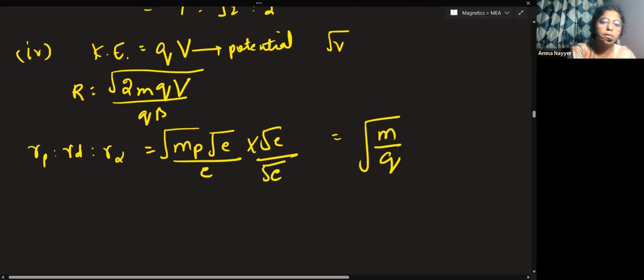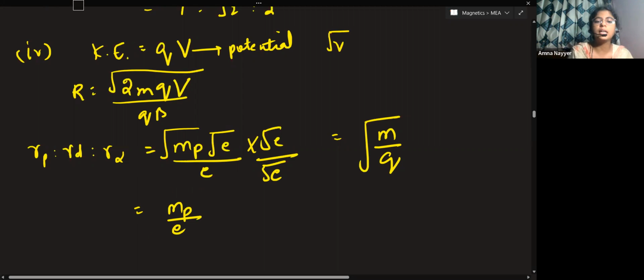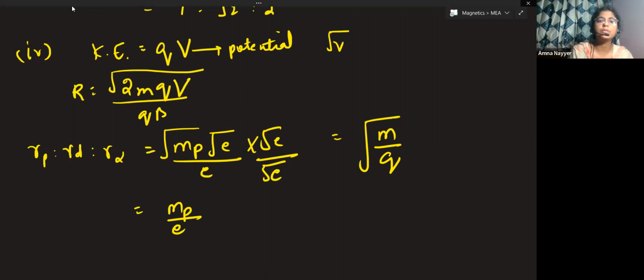Understood this? What did we do? See, rest of the things will get cancelled. Same potential is there, V will get cancelled. B will get cancelled. Root 2 will be cancelled. This was left. So if you multiply and divide it by root E, you get only root E in the denominator. So this becomes mp by E. Root will also get cancelled, because root is common for all of them.